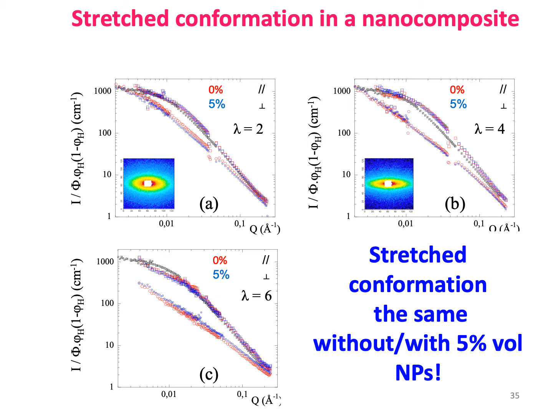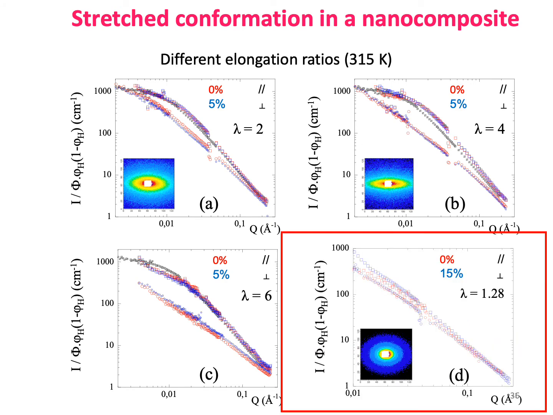You can also look at the third figure on the bottom, the same effect at a very large lambda of 6, deformation ratio 6. So in all these cases, you see that the stretched deformation is the same without and with nanoparticles, at least at 5% in volume.